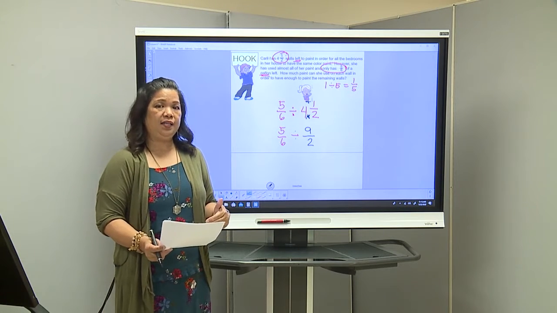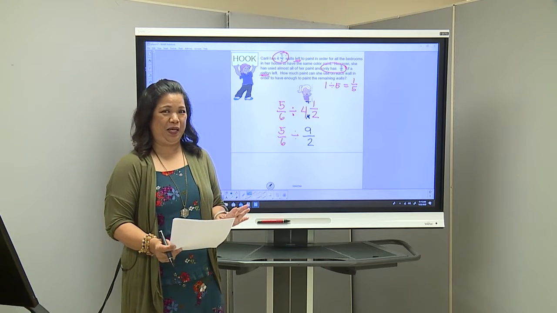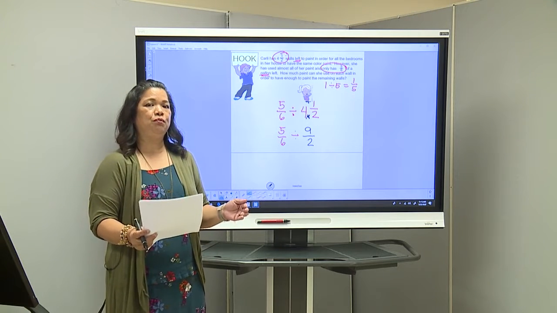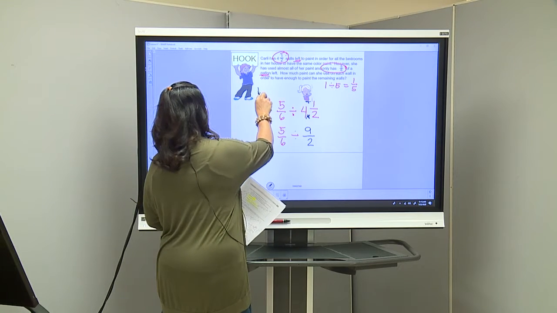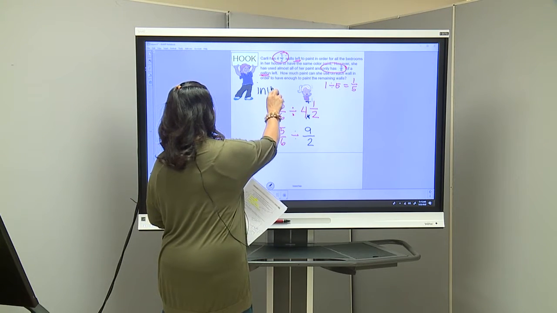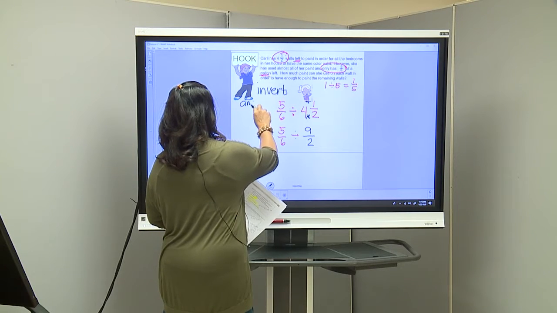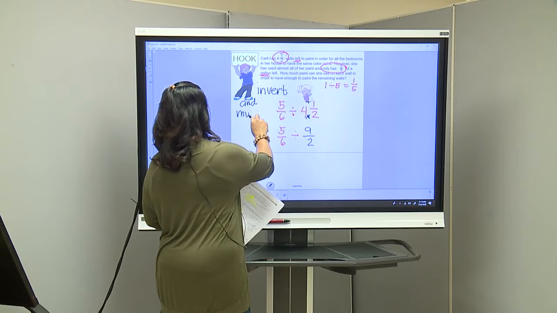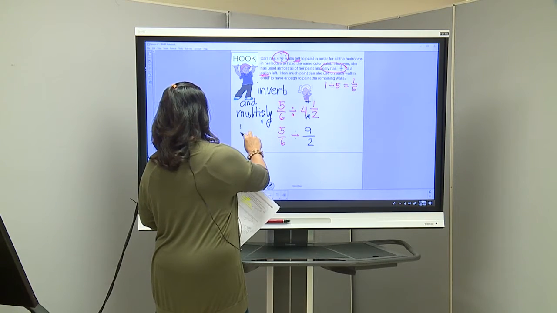Now in dividing, we will no longer use a model for this lesson. We are not going to rewrite as a multiplication. We are going to use our favorite invert and multiply rule.